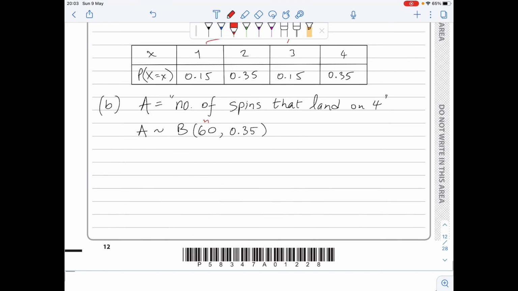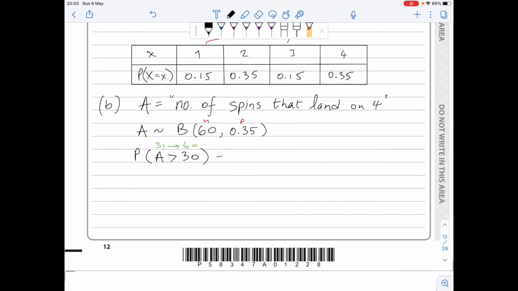The first letter is n, the second one is p. I need probability a is bigger than half of 60, which is 30. Note, bigger than 30 is like saying 31 all the way to 60.